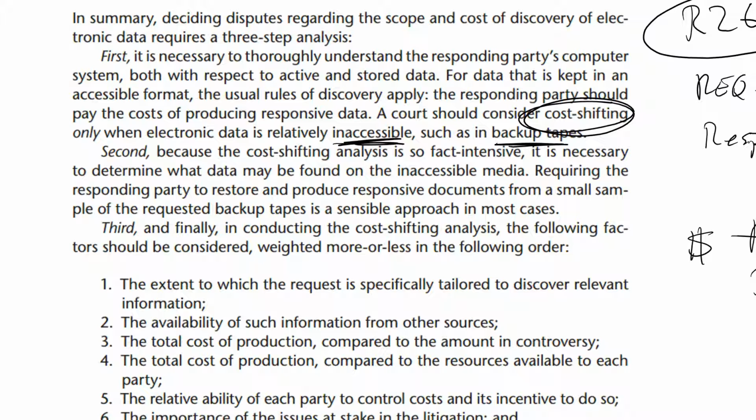Something else the court can do when the discovery is reasonably inaccessible, right? If the court is thinking about allowing discovery, it can do a test run, and that's what happened in Zubulake, right?